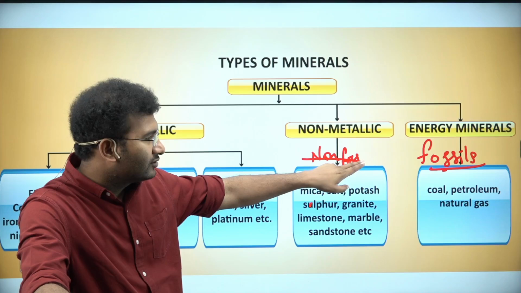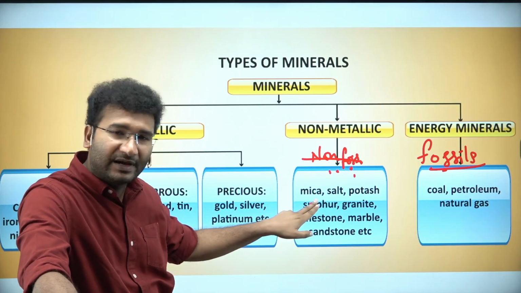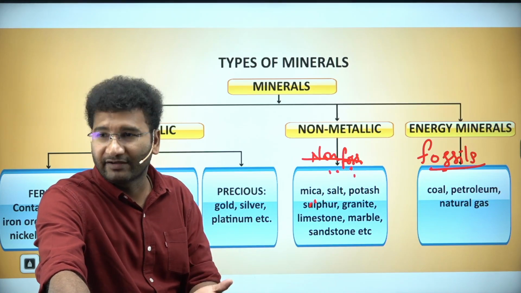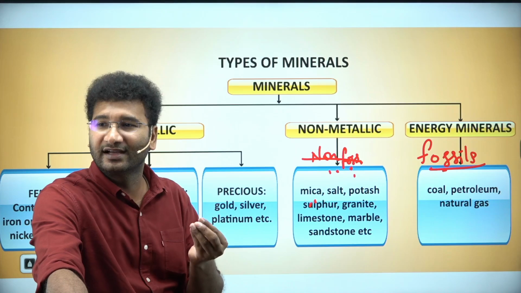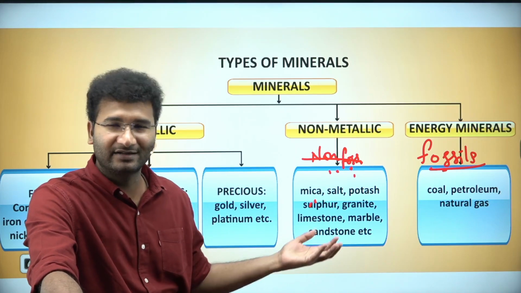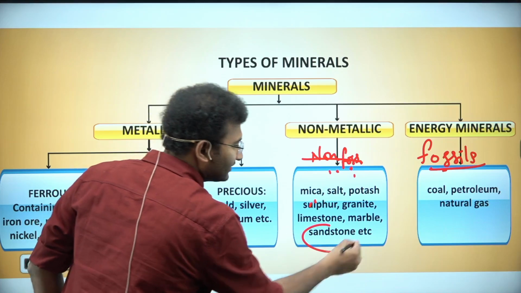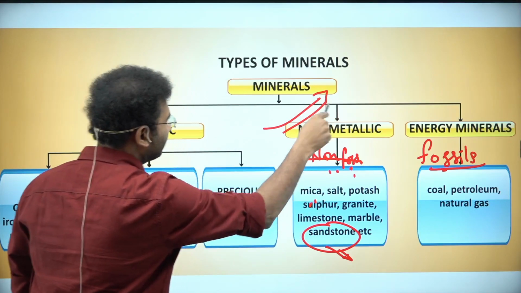Non-fossils, or I can also call them other non-metallic minerals, right? One is mica, salt, potash, sulfur, graphite, limestone. Any other components? Other than that, you'll also see marble. Granite, marble is also a non-metallic mineral, and sandstone. This is a sedimentary rock which we have already seen. These are some of the non-metallic minerals, right?